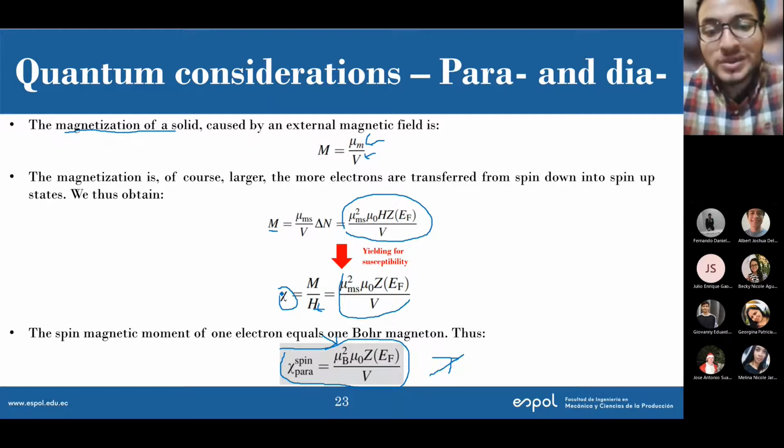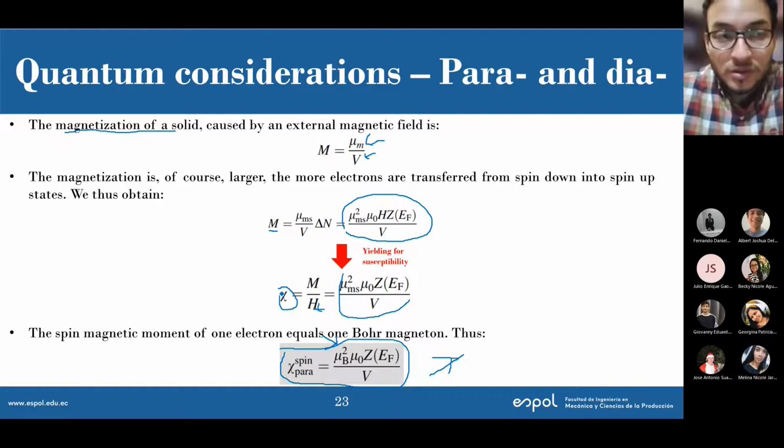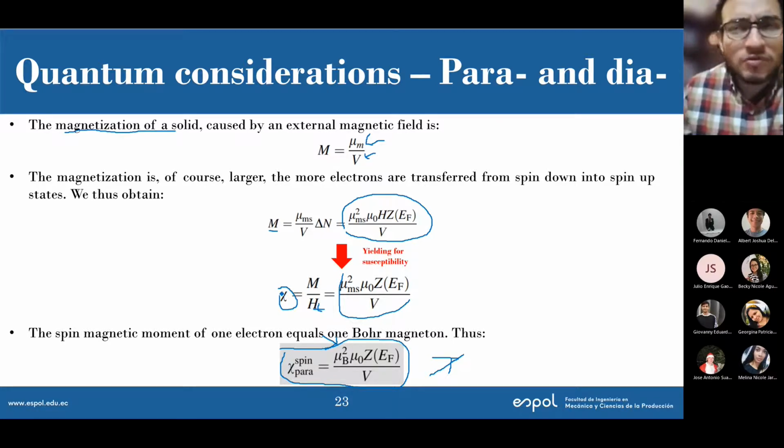So, what is this theory telling you? That only those electrons that are close to the Fermi energy are capable of realigning with the magnetic field. Just remember the first module: there was a huge difference between saying all electrons can jump from one energy state to the other, and saying no, only those electrons close to the Fermi energy.